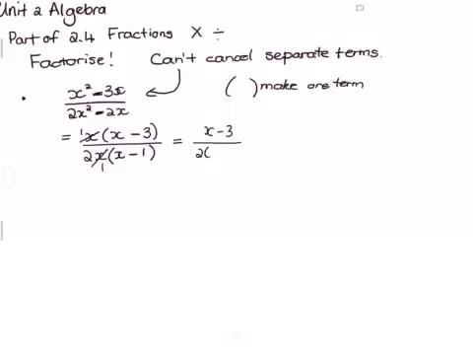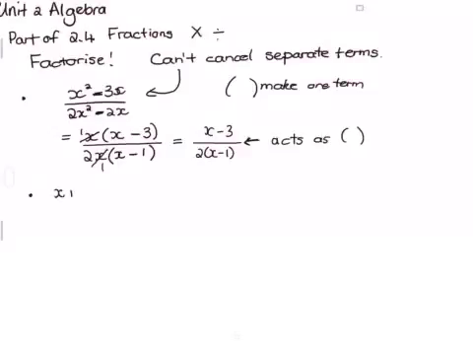At the bottom I still need a bracket because the 2 is multiplied by both the x and the minus 1. But the reason why we can now drop the top bracket is that this line acts as a bracket. Always remember that line acts as a bracket.